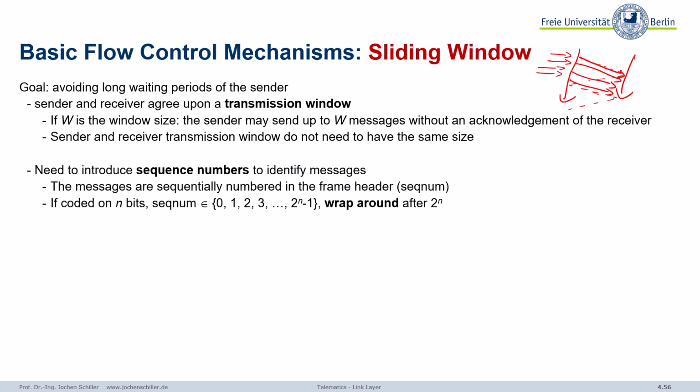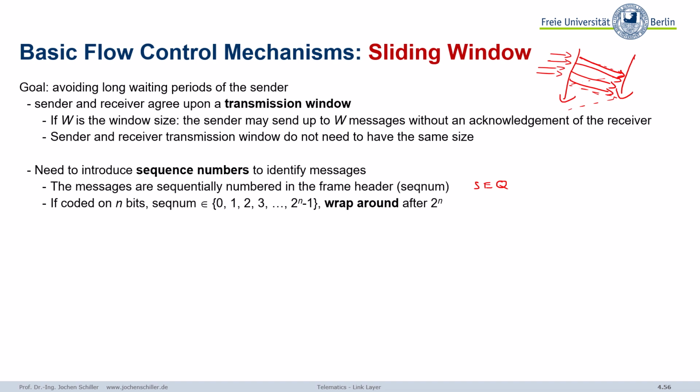We need not only a single bit, but real sequence numbers to identify the message. A single bit is not enough because we want to send several frames. With a single bit, I cannot distinguish several frames. So we need sequence numbers, and we number the messages. Quite often you may read in the standard it's written as SEQ, sequence number. You code it with a certain number of bits, 2 to the power of n is the number of different sequence numbers.